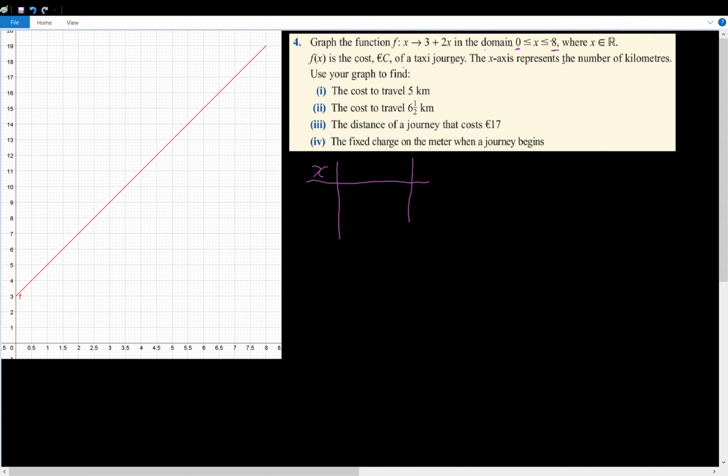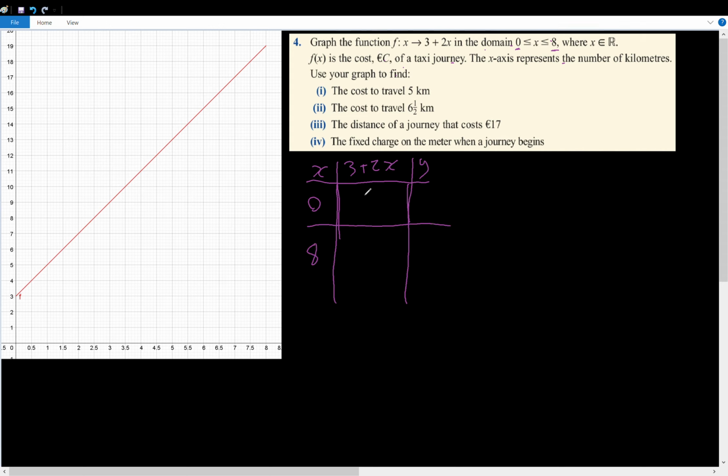And in the middle we're going to have our function, which is 3 plus 2x, like that. And we're going to put our two values in, 0 and 8.